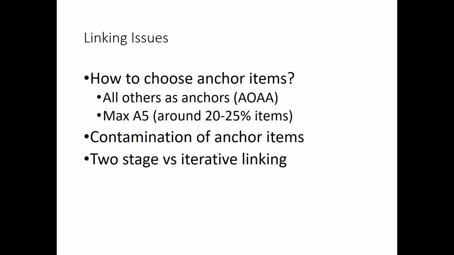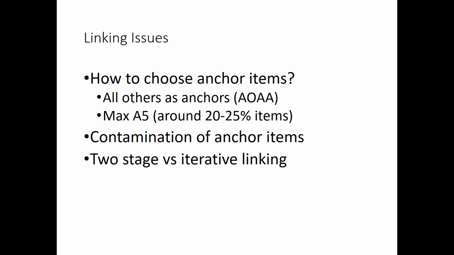The other approach is using just a single anchor item, and there are really two issues with that. One is you're putting a lot of burden on a single item on your test. That item absolutely must be invariant, and we don't ever know that. And second, you get poorer linking. You typically get better linking with more items, so long as those items don't have DIF.